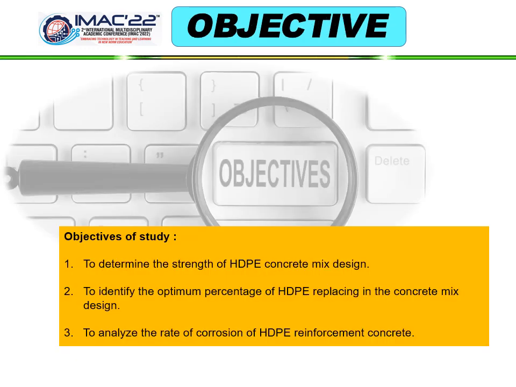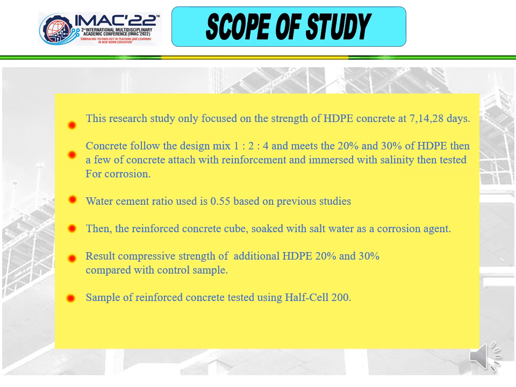The objectives of this study are to determine the strength of HDPE concrete mix design, to identify the optimum percentage of HDPE replacing in the concrete mix design, and to analyze the rate of corrosion of HDPE reinforced concrete. Scope of study.